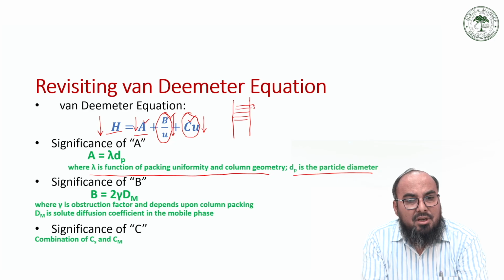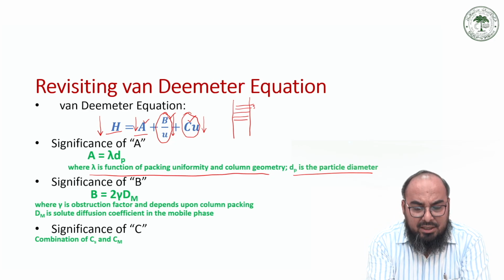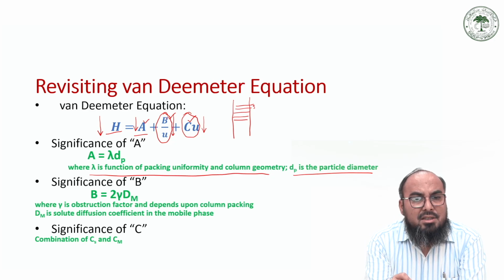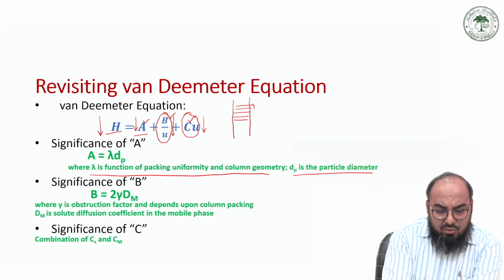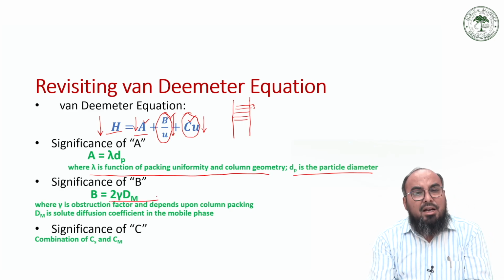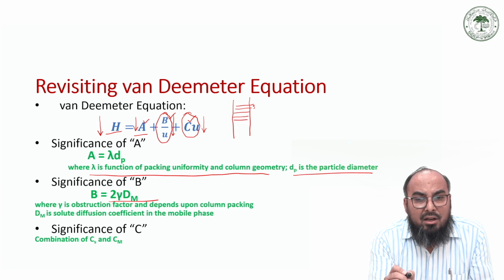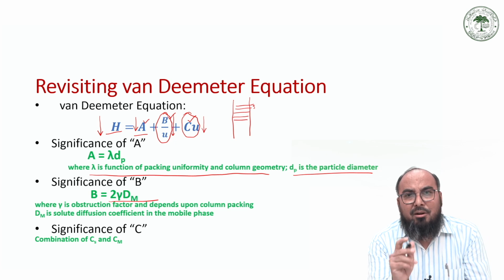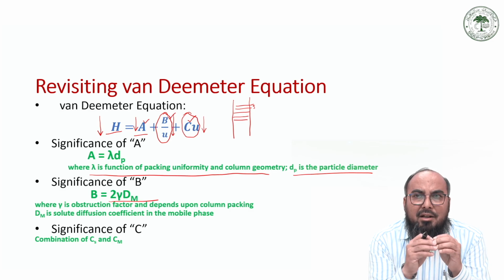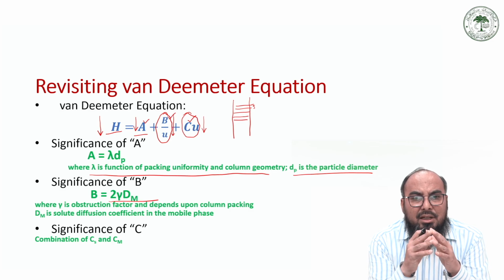Similarly, the B term, that is the second term, is equal to 2 gamma Dm, where gamma is the obstruction factor and it again depends upon the column packing. That is, if you have an effective column packed with particles as small as possible, then of course we have the best resolution.